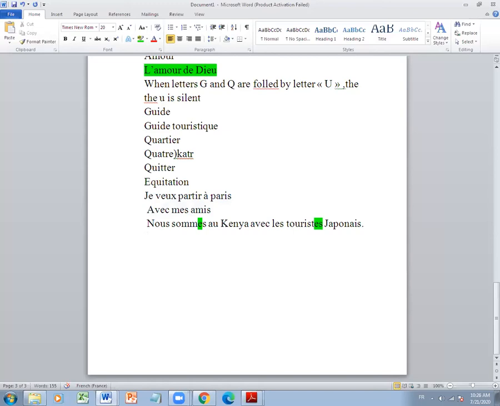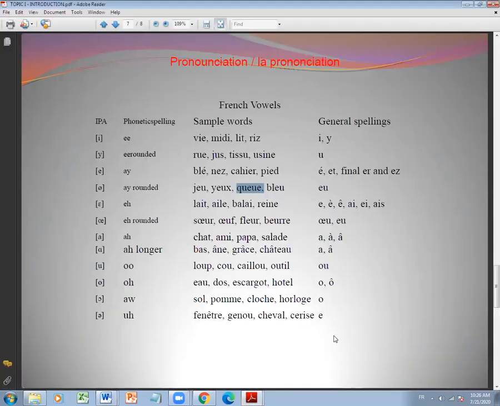Nous sommes au Kenya avec les touristes japonais. Yeah, but you are doing very well. You are doing very well. Avec les touristes. The first lesson you can try to read. Touriste japonais.